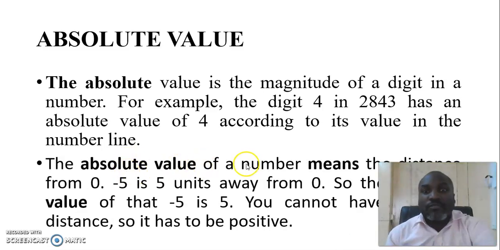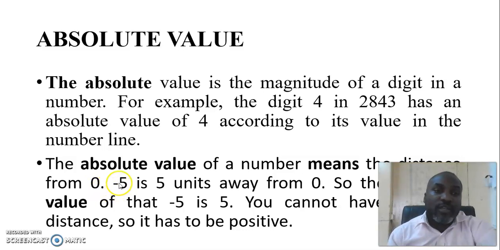The absolute value of a number means the distance from 0, and when we have, for example, -5, it is 5 units away from 0. So the absolute value of -5 becomes 5. Since you cannot have a negative distance, we are always going to have a positive absolute value.